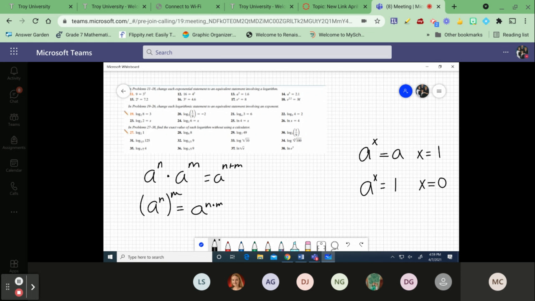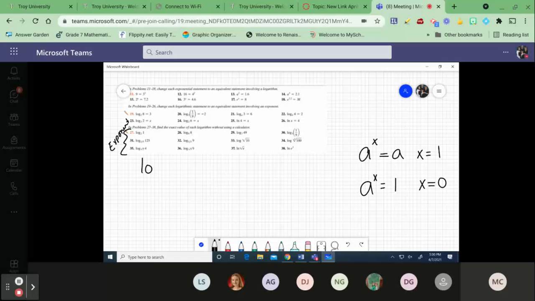Okay, so when we're looking at these, when we find the exact value, I'm going to set each of these equal to x. Then I'm going to use my exponential properties, rewrite them as exponents.